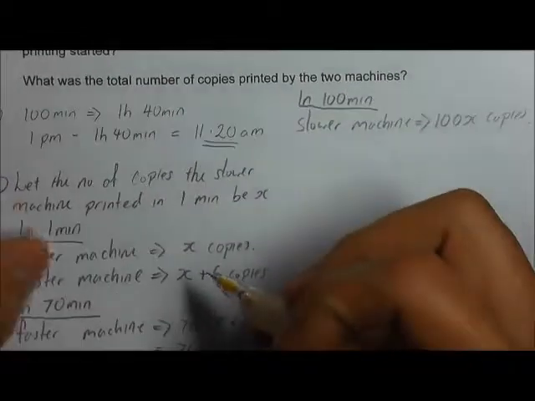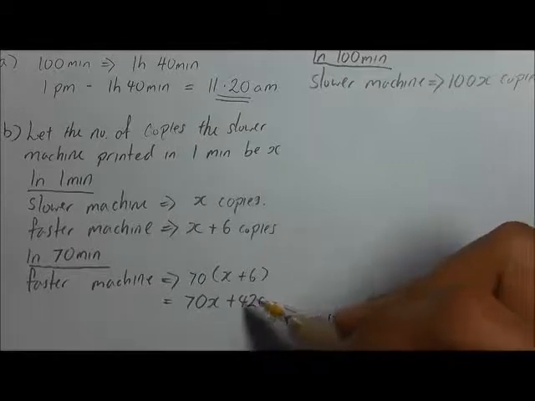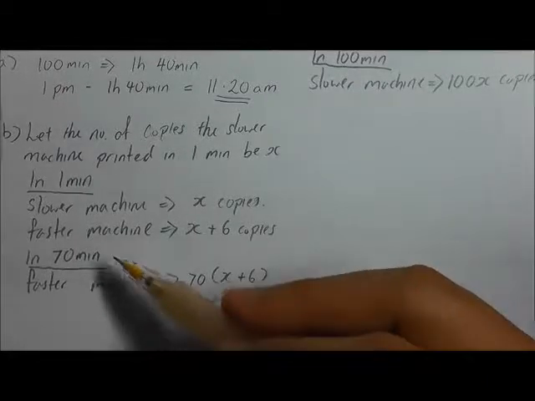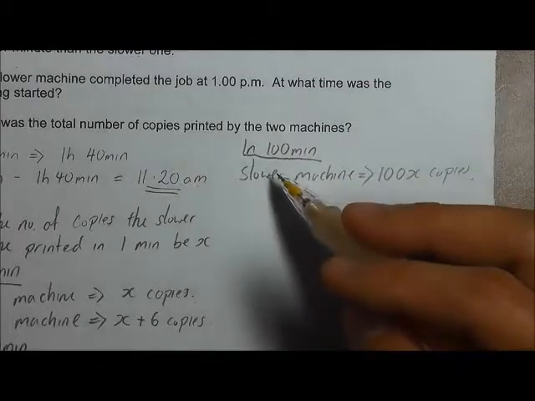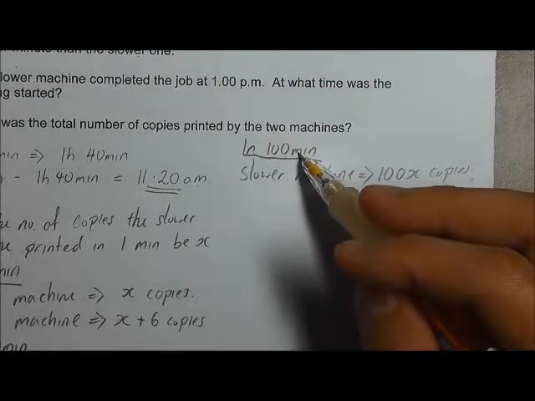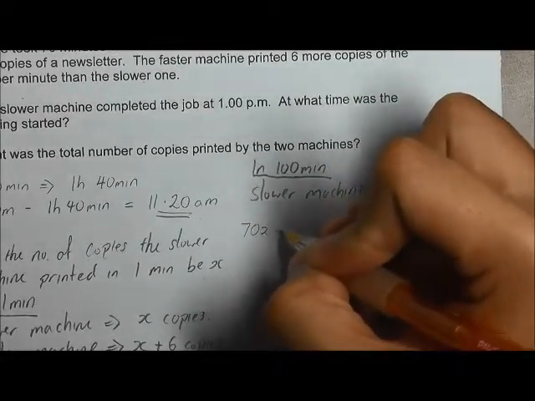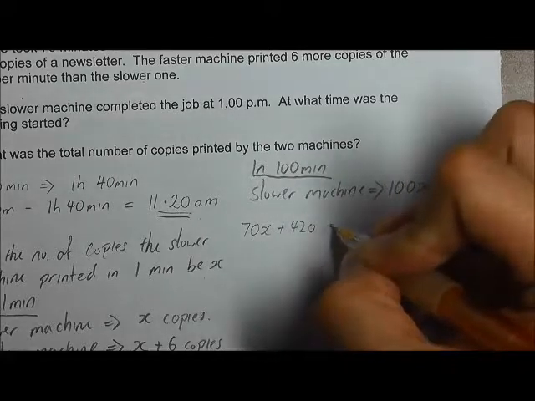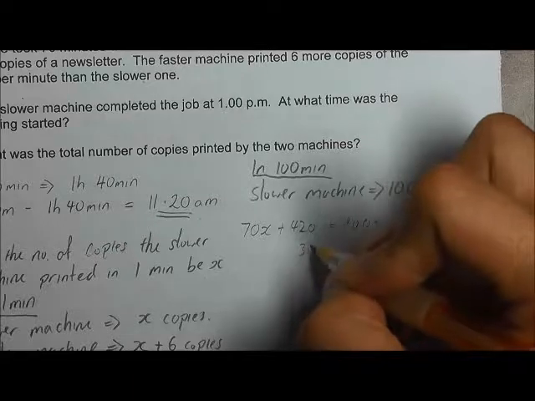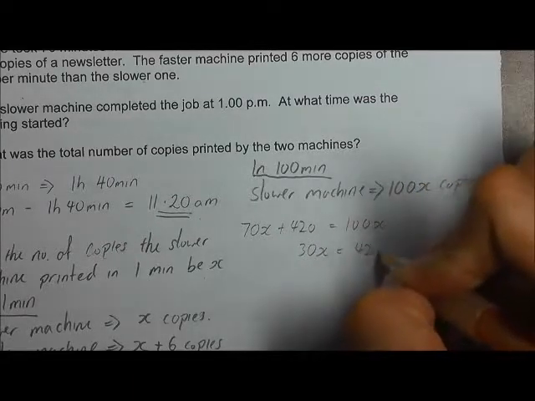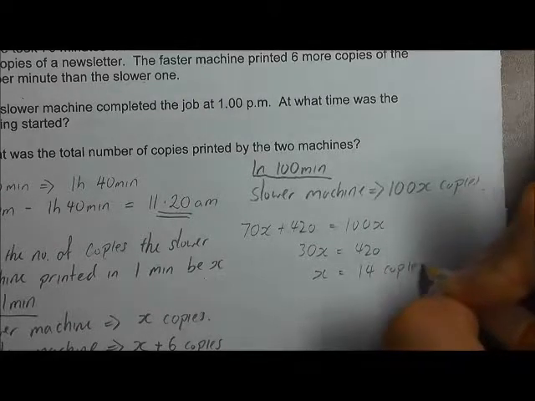So that means 70x plus 420, which is what the faster machine printed in 70 minutes, is equal to 100x, which is what the slower machine printed in 100 minutes. So we will have 70x plus 420 is equal to 100x. So we will have 30x is equal to 420, x is equal to 14 copies.